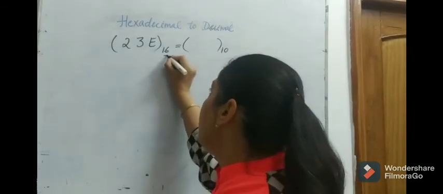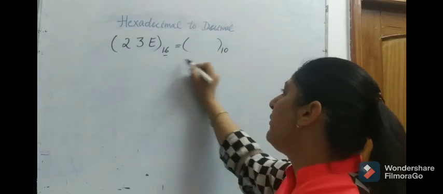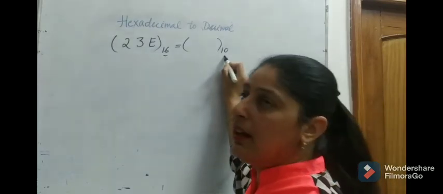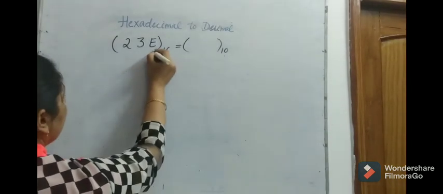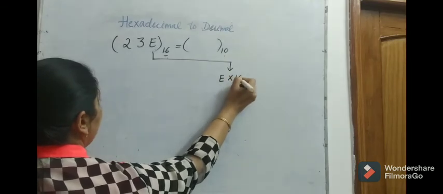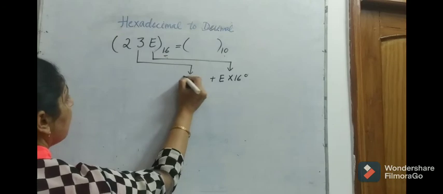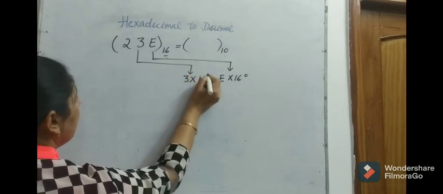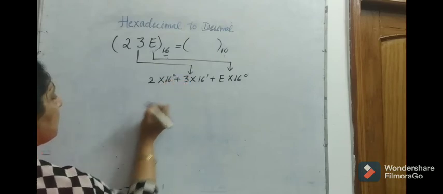And one more thing I told you, that whenever you get a question in exam, you have to see the basis, from where to where you need to convert. I'll tell you that at the end also. So let's start. E multiplied with 16 to the power 0, plus 3 multiplied with 16 to the power 1, plus 2 multiplied with 16 to the power 2.